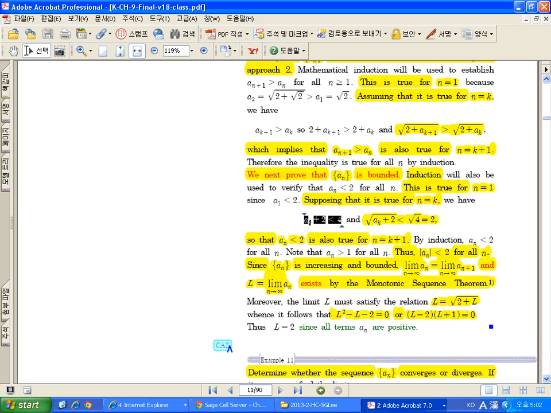So we assumed this. Then we want to try to show the next term also satisfies the same conditions.